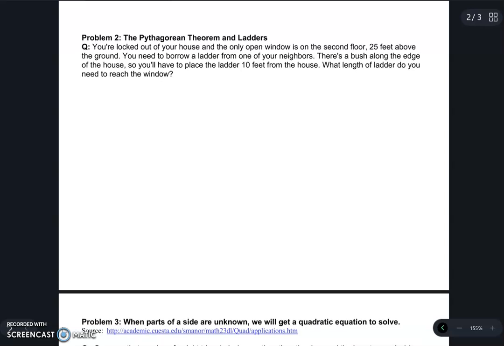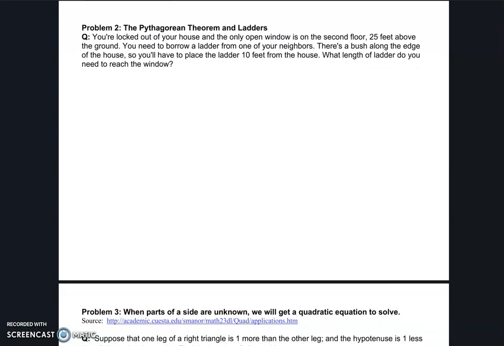For problem 2, I'm not going through all the math on all of these, just giving you some tips and the answer so you know if your process is right. Basically, you have a house, and you have to get a ladder. The window is 25 feet above the ground, so we can draw a little diagram here: the ground, and then the window is 25 feet up, and you need to borrow a ladder.